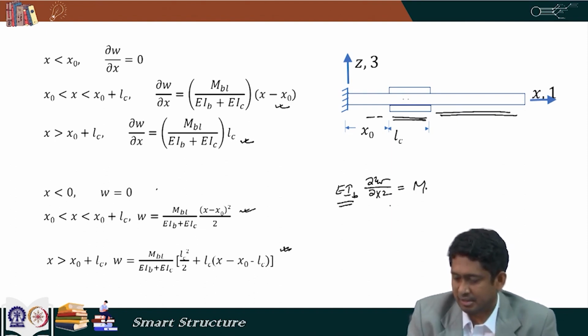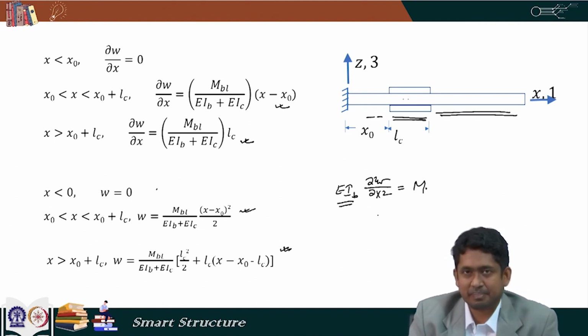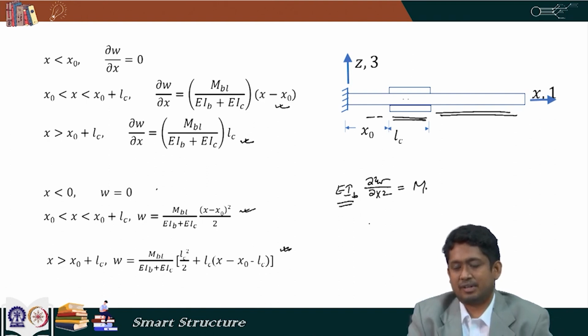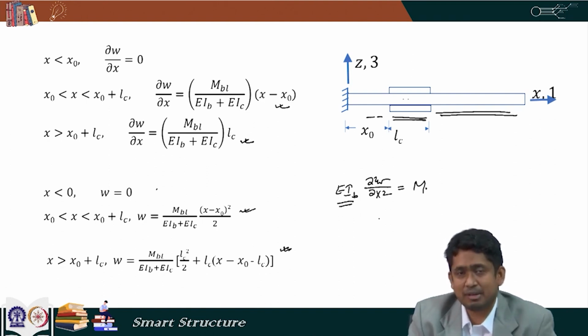So, before concluding the discussion on this beam problem, we would see that the result that we get for the beam problem using the block force method would turn out to be somewhat different from what we get by solving the Euler-Bernoulli beam based technique, because here you are making an assumption.